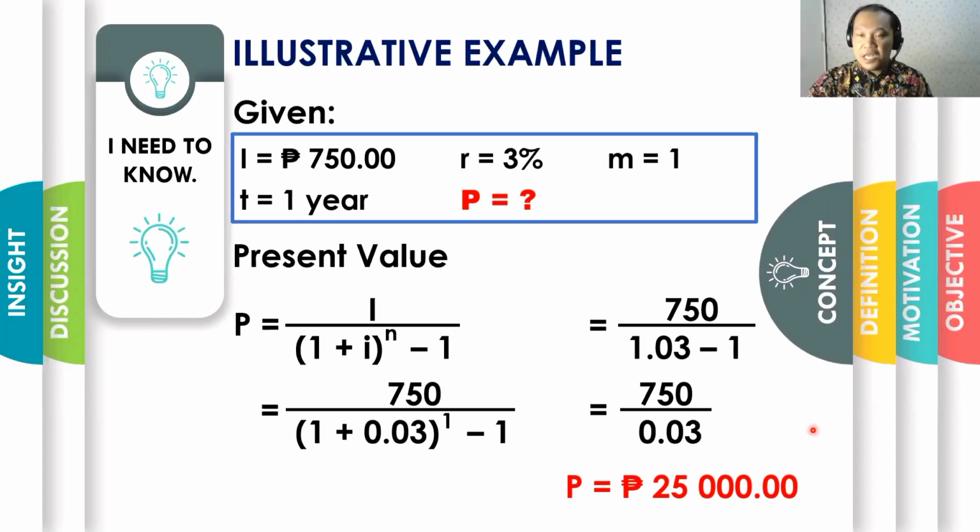Therefore, at the end, our answer will be 25,000 pesos. Meaning to say, if Jose wants to have 750 pesos with a nominal rate of 3% compounded annually within 1 year, he must deposit 25,000 pesos so that he can earn 750 pesos in 1 year.